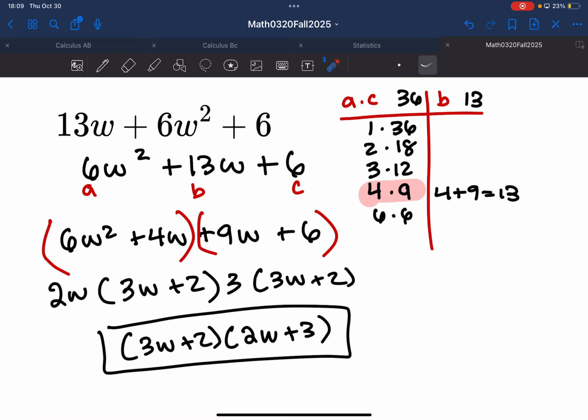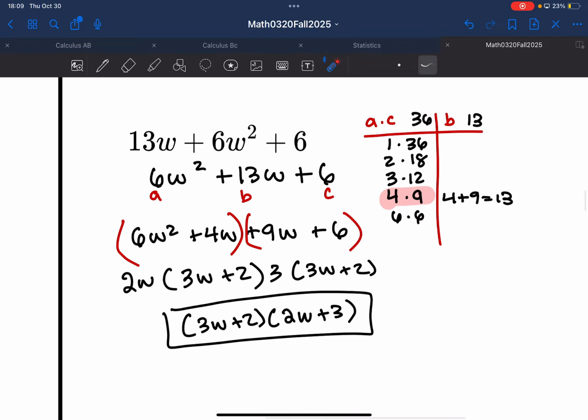But it should not mark it wrong because it's the same thing. The only thing I can think is, and I'm sure you guys noticed by now, it's very finicky. So if you have an extra space in there, it will mark it wrong. So just make sure you're putting everything exactly how you have it written.